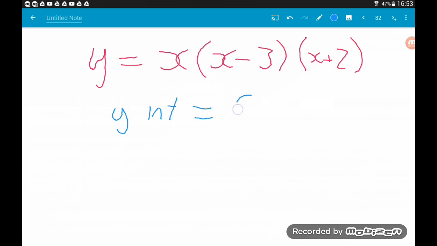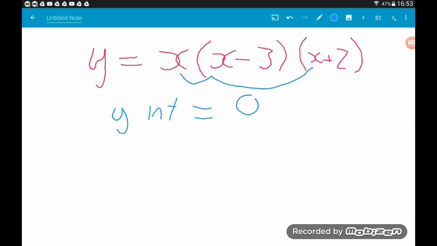We would also need to know whether we've got a positive or a negative x cubed term. x times x times x would give us positive x cubed.